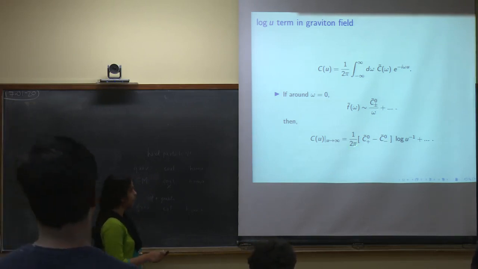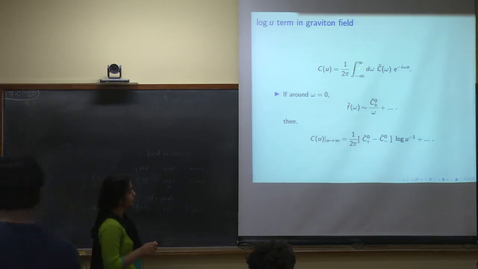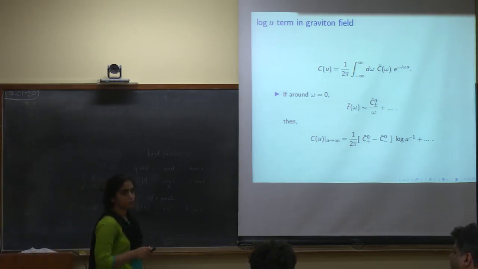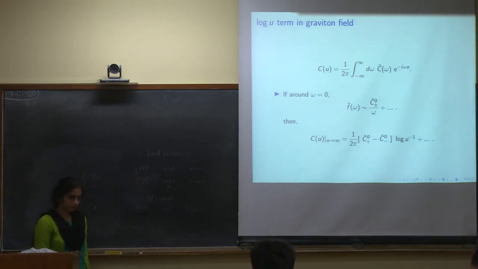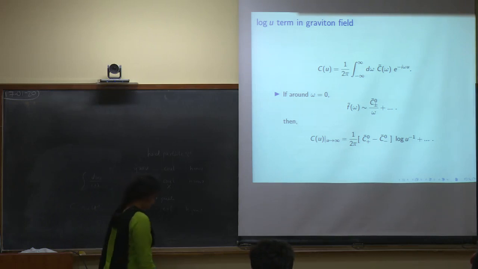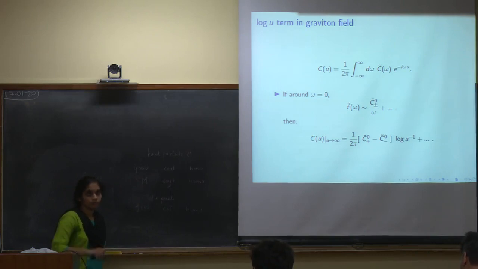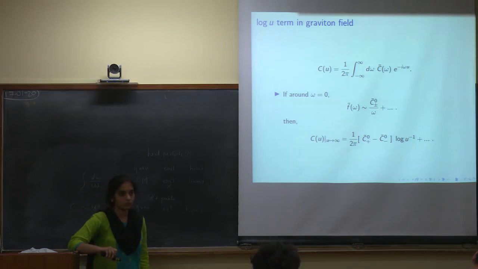This correction only comes from the region where omega goes to 0. For a scalar interacting with gravitons, the interactions corrected the free radiative field expansion for the scalar. This is correct, right? No, it doesn't change the u behavior of the scalar.